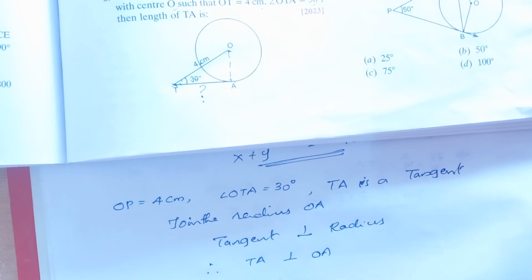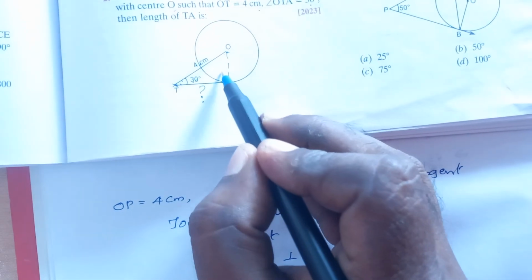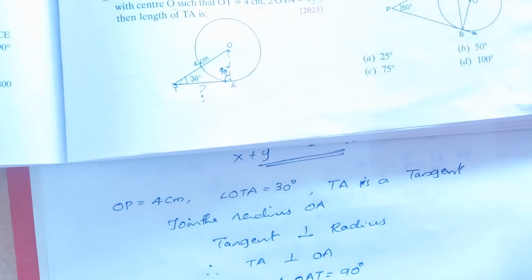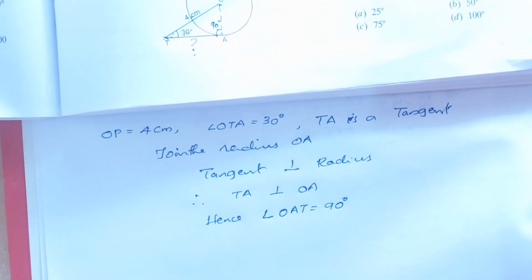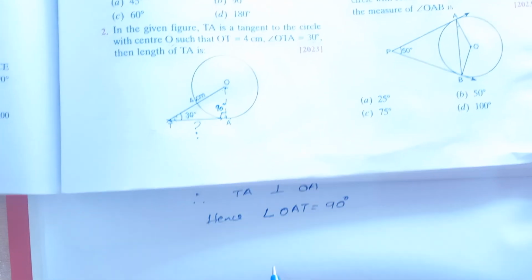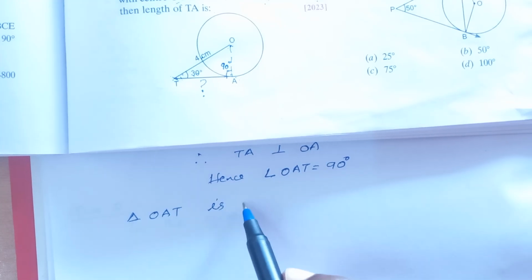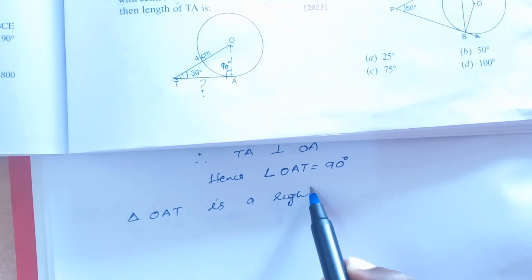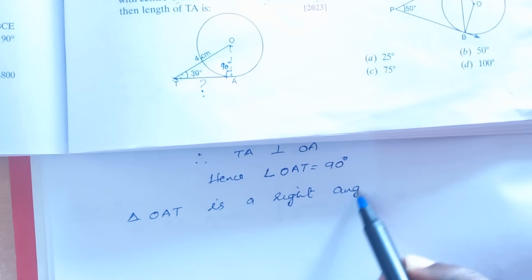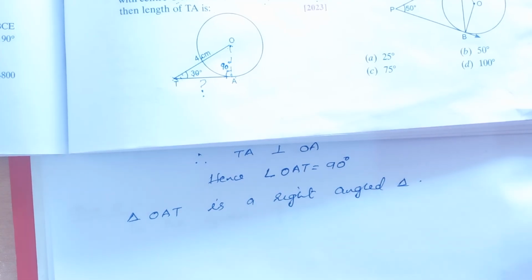Hence, angle OAT is 90 degrees. That means triangle OAT is a right angled triangle.